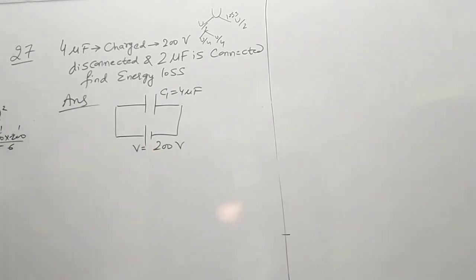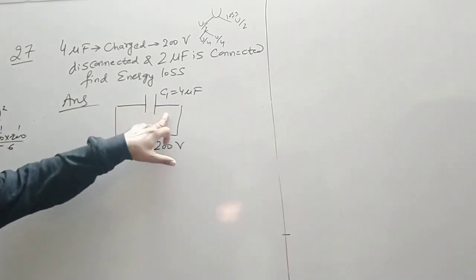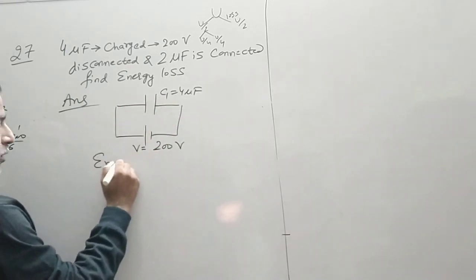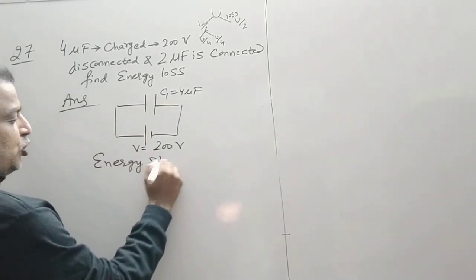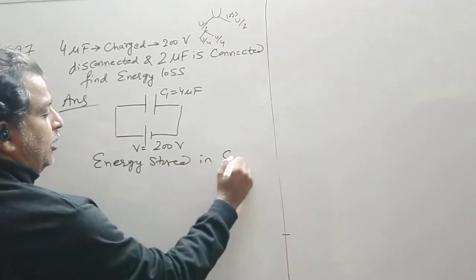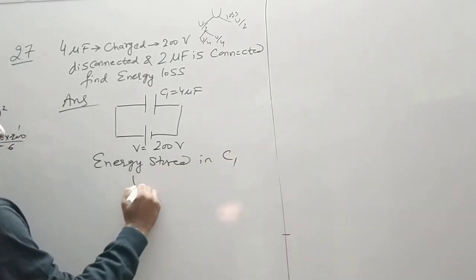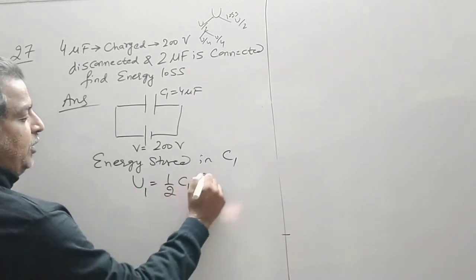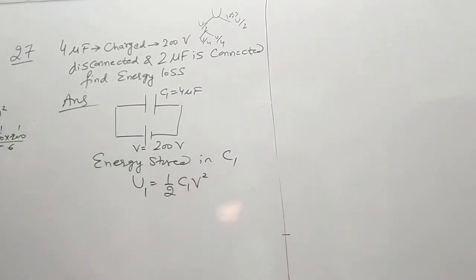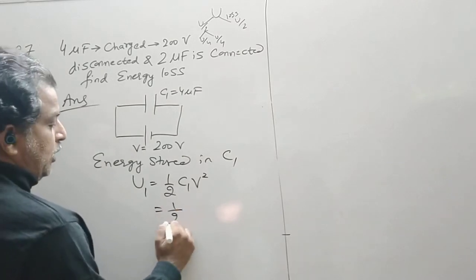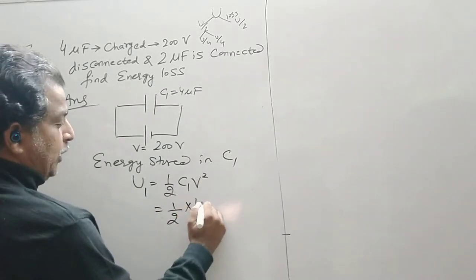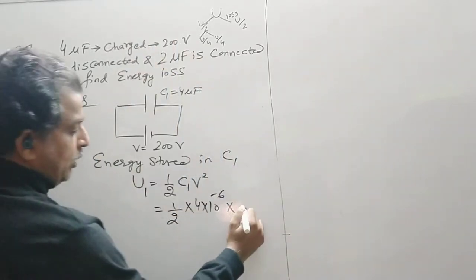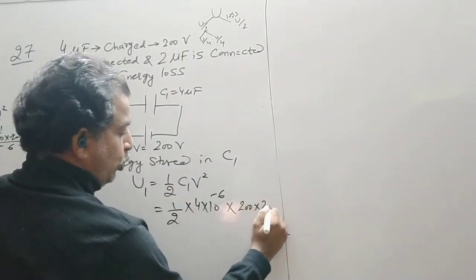So first I will find out how much energy is stored in C1. Energy stored in C1, that is, say U1, is equal to half C1 V square. So this is equal to half into 4 into 10 raised to minus 6 into 200 volt, that is 200 into 200.